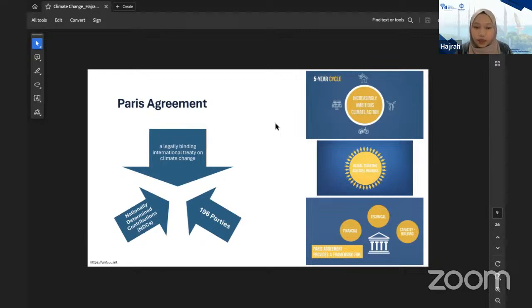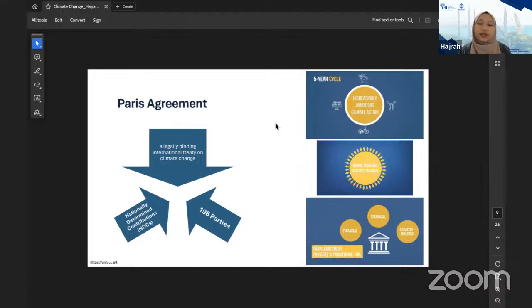And another benefit for the countries involved in this Paris Agreement is that they can work together and can have capacity building, for example, from the developed country to the developing country, and also technical and financial support, for example, from World Bank, Asian Development Bank, etc. Because the climate agenda is really financially extensive.